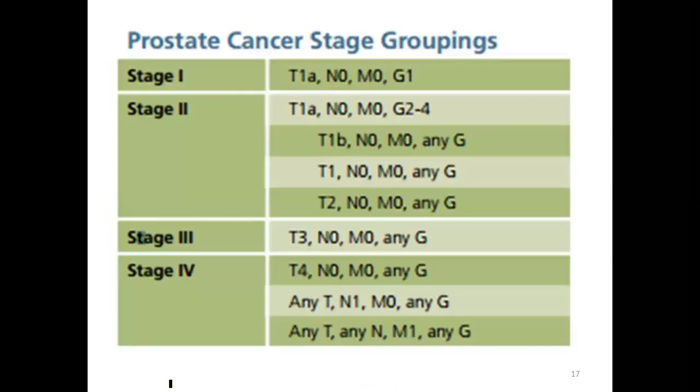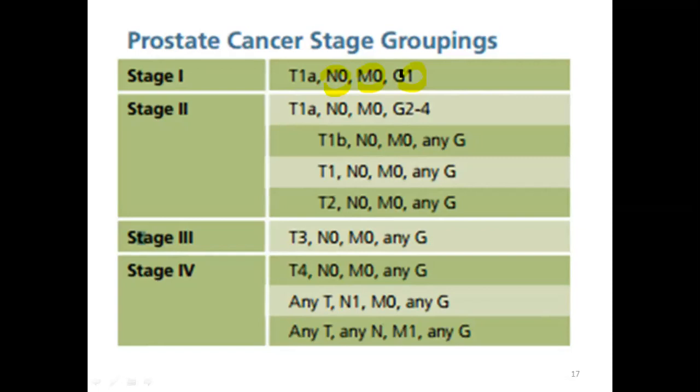Then this is another form of staging. Stage 1: tumor T1, no lymph node involvement, no metastasis, and Gleason score 1. I will mention later the correlation between Gleason score and the grade of the tumor. The Gleason score is actually the most common score that can be used to characterize prostate cancer.